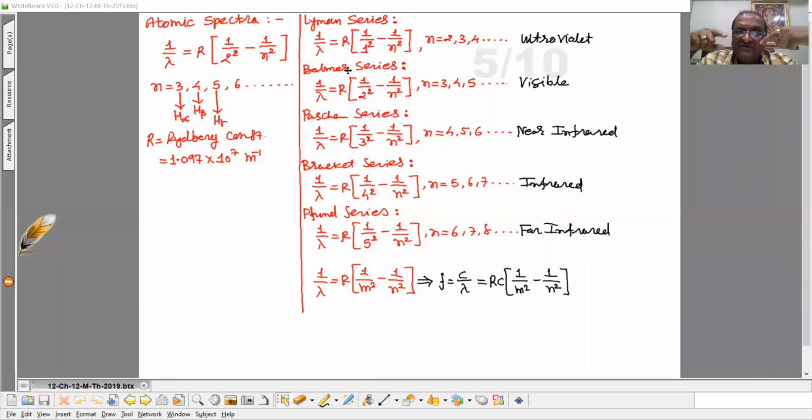So Bohr combined these two and presented the atomic model in the form of postulates. Now we have to discuss the Bohr atomic model and up to what extent it can explain the actual atomic structure. Clear to all of you?